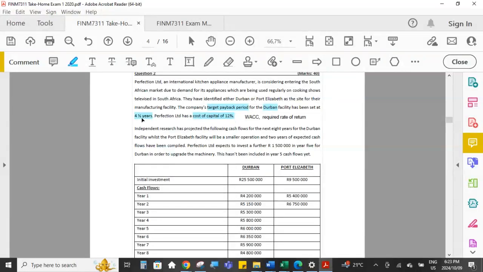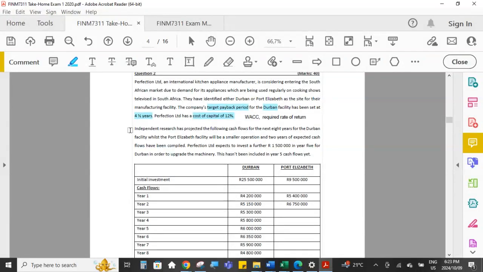So we're going to use this 4.5 years as our target to compare against for that question. The second question said calculate the net present value of the project. So we know to calculate a net present value, we need to have a cost of capital. So we're going to use this bit of information here for question 2.2.